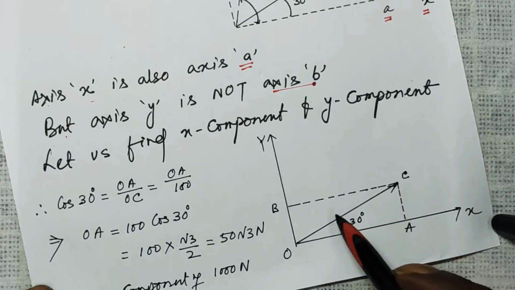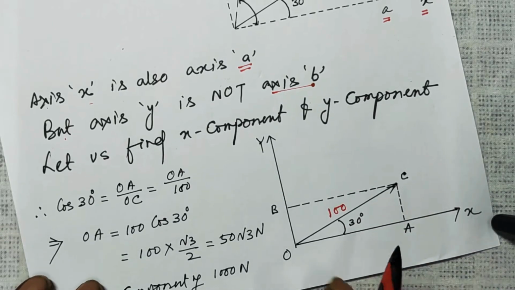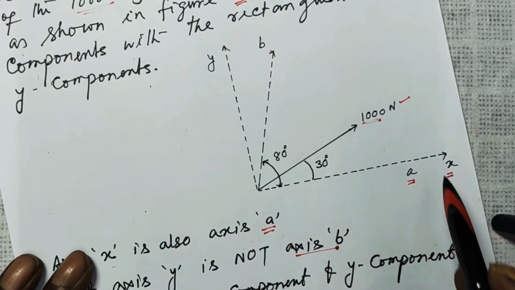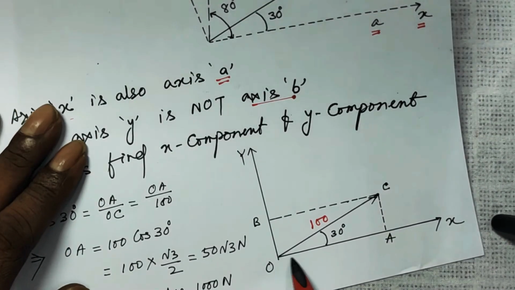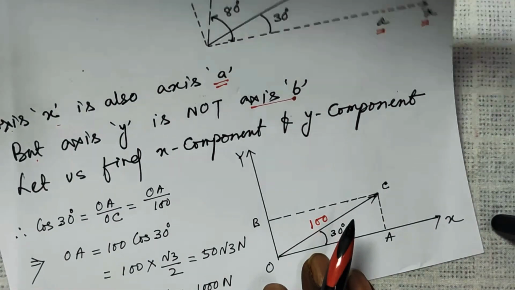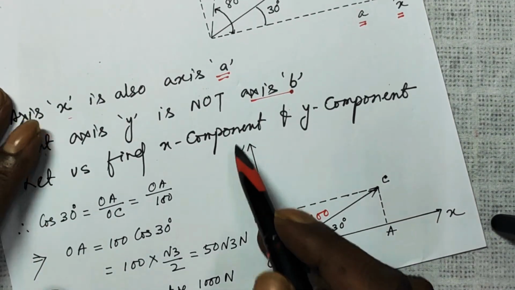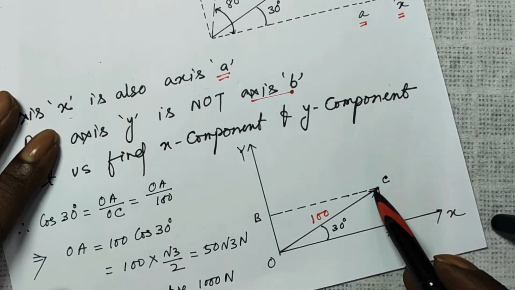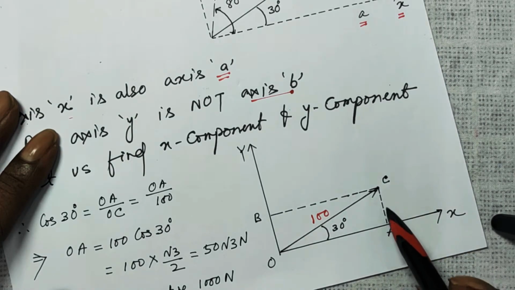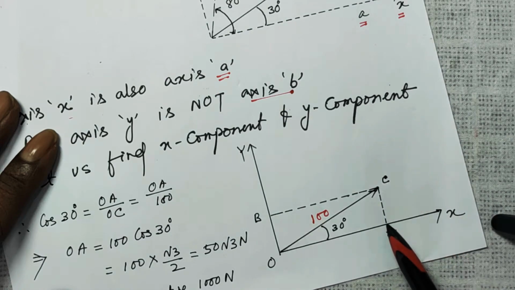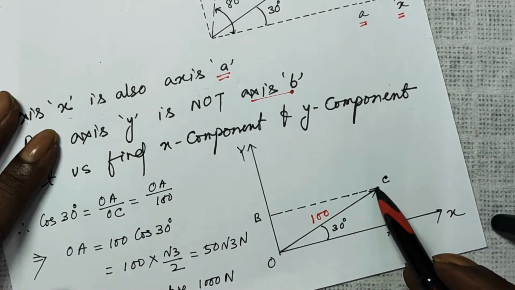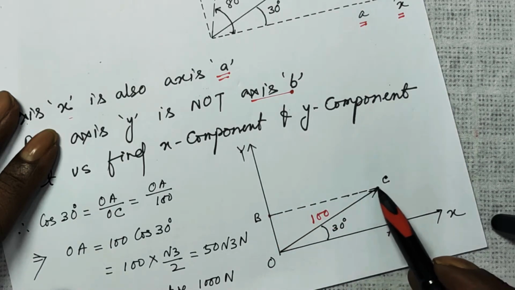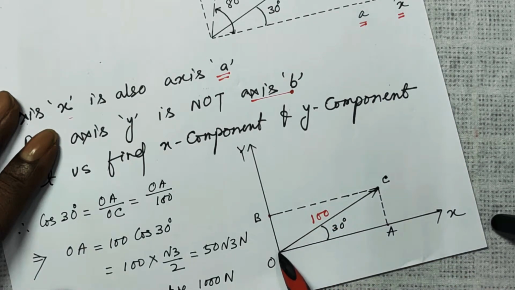This is your same 1000 Newton force. It was making 30 degrees with the x-axis, so that is what I have taken here. Now, this is your y-axis. If this is the resultant, I drop a perpendicular from here on the x-axis, let the point be A, and a perpendicular on the y-axis, let the point be B. So this is a parallelogram, in fact a rectangle.